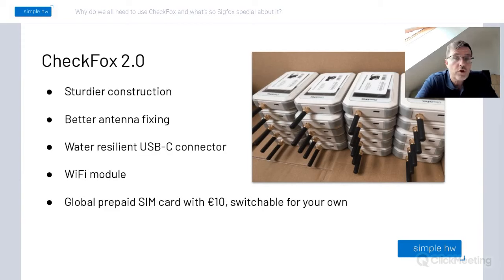But you can switch to your own SIM card, or you can use the global prepaid SIM card and reload it online with money. You really don't need that much data. We are transferring only the minimum needed, so you are not going to spend a huge amount of money on data plans.